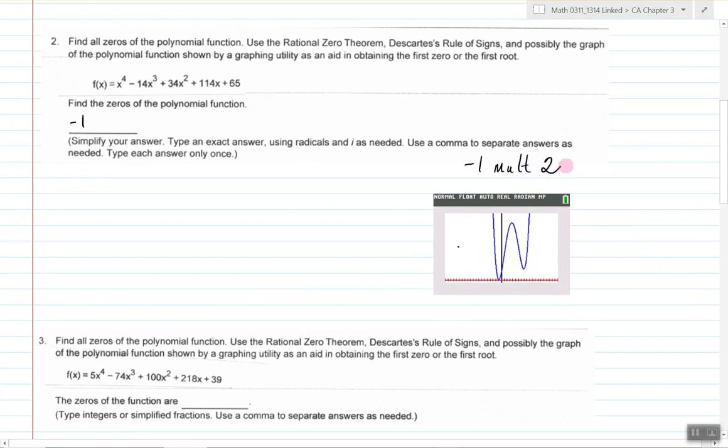Now, how many total zeros are there? There are 4. I have just accounted for 2 of them right here: -1, -1, but I only write it down once.